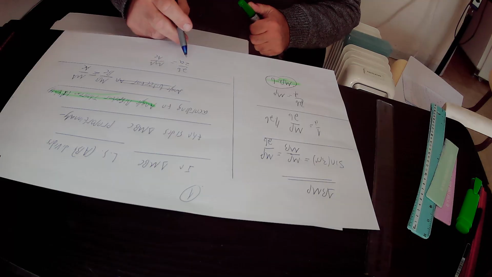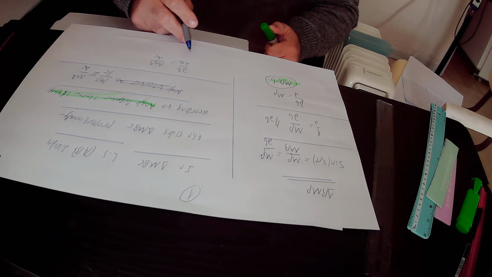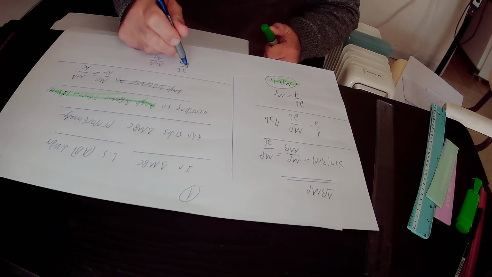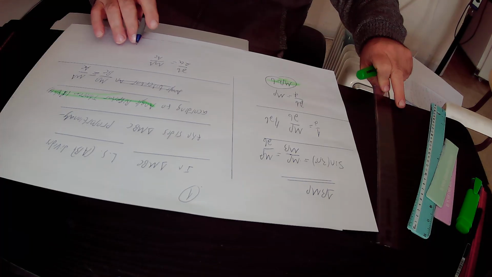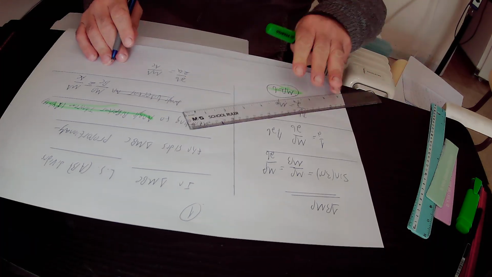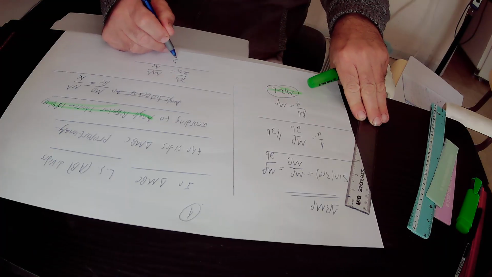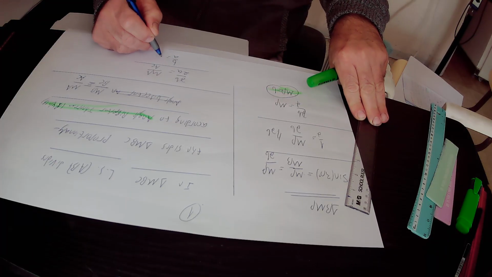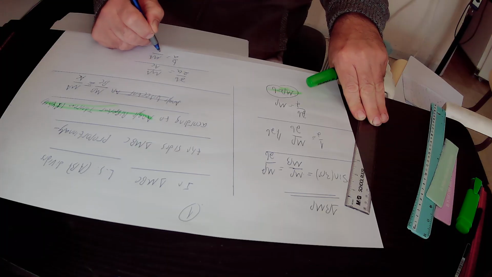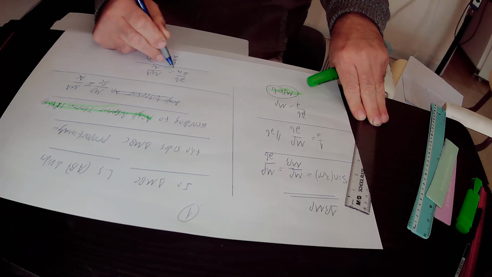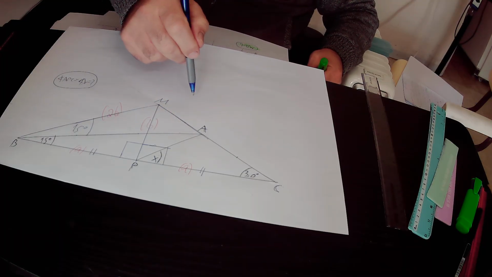We have 2 in the numerator and 2 in the denominator, so the 2 gets cancelled, and we have only B over A equals MA over AC.